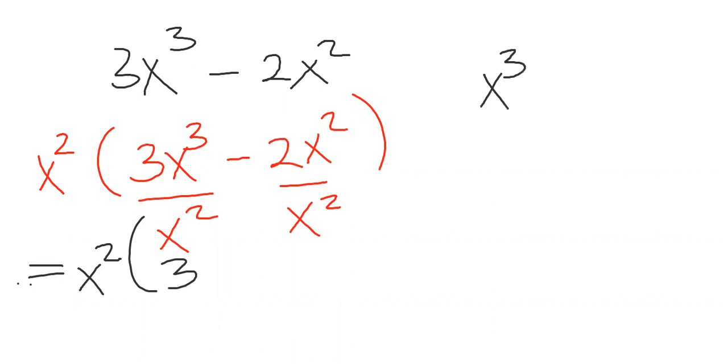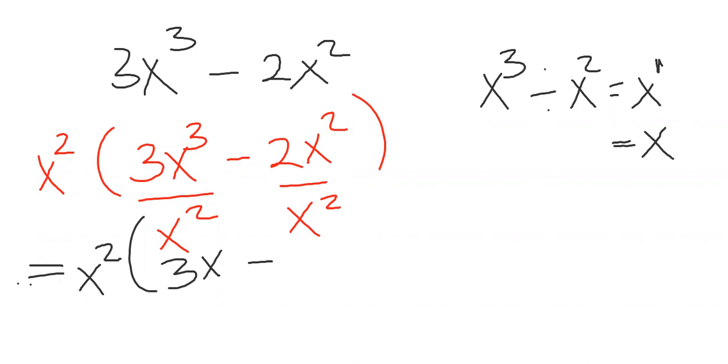I said the law of indices says if the bases are the same, you subtract the powers. So our answer is still going to have the same base, but we are subtracting the powers. 3 minus 2 gives us a 1. And everything that is raised to the power 1 remains the same. So we have an x there.